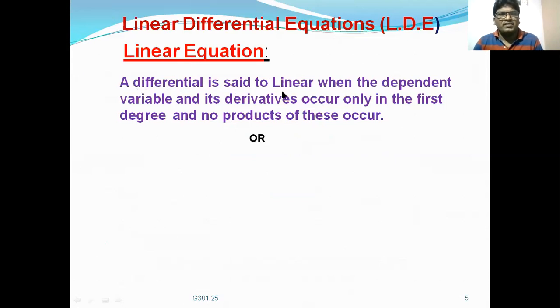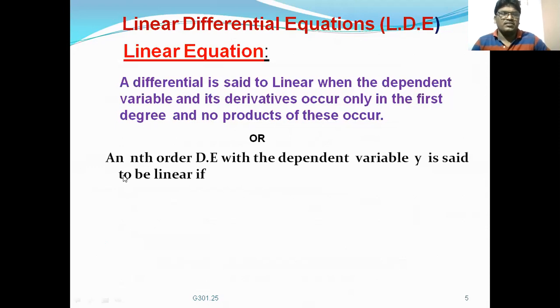A differential equation is said to be linear when the dependent variable and its derivative occur only in the first degree. Compulsorily, the differential equation is of first degree, and there is no product of these terms. I will give clarity here.